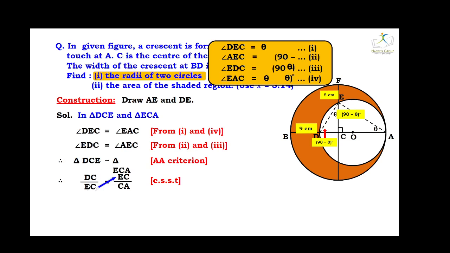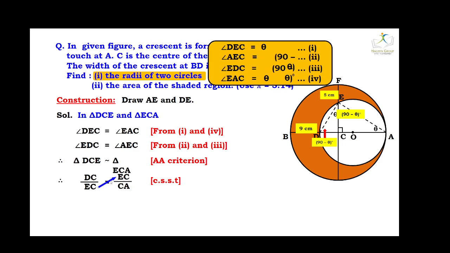So DC by EC equals EC by CA, because of corresponding sides of similar triangles, CSST. DC by EC are the first two letters of the triangle, and EC by CA are the next two letters of the triangle. These ratios are equal by similarity.